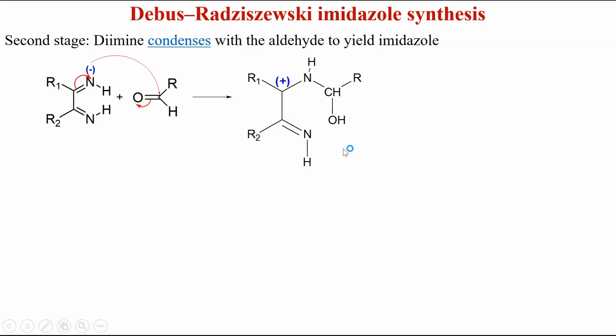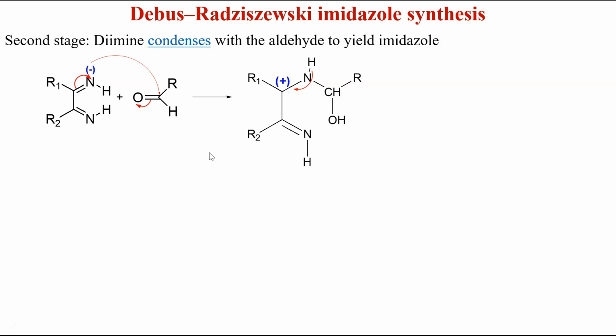Then again, as these electrons have moved towards the nitrogen, this carbon has become positive. It is unstable. To regain its stability, the nitrogen-hydrogen bond breaks and this is lost as H plus, and the bond formed shares the excess electrons with this positive center.